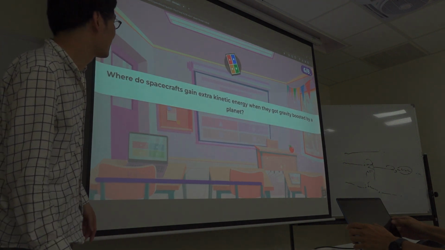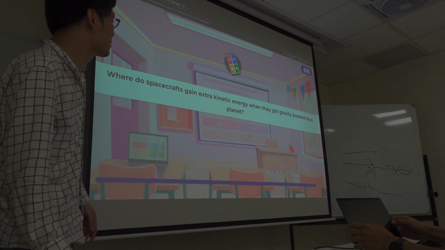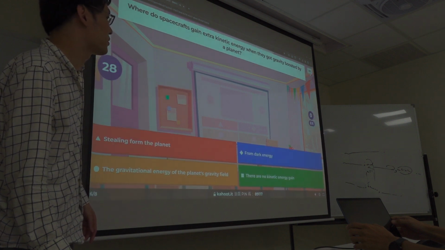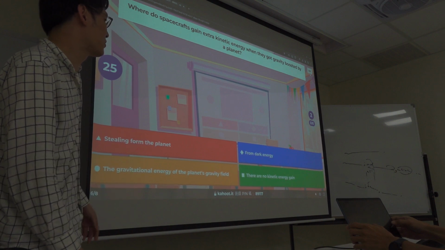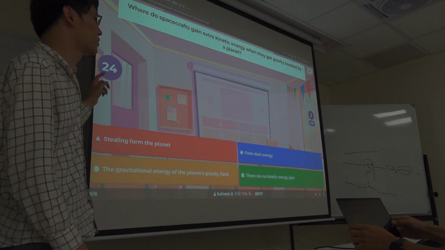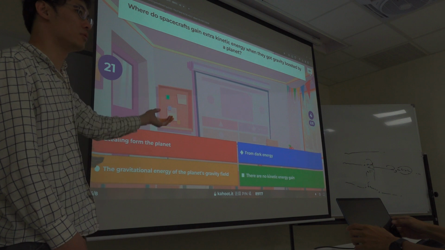Where do we get the extra kinetic energy? When you use a boost to increase your velocity, where does the energy come from?